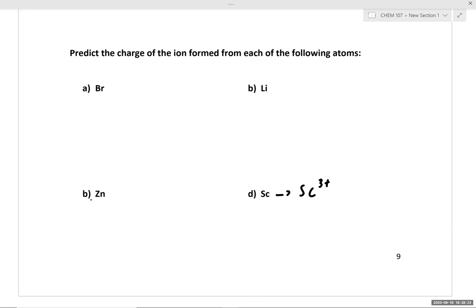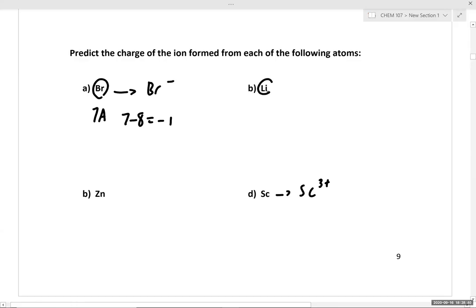Okay, so bromine is a 7A element. It's a non-metal. So 7 minus 8 gives us -1. And bromine prefers to adopt a -1 charge. Lithium is a 1A element.